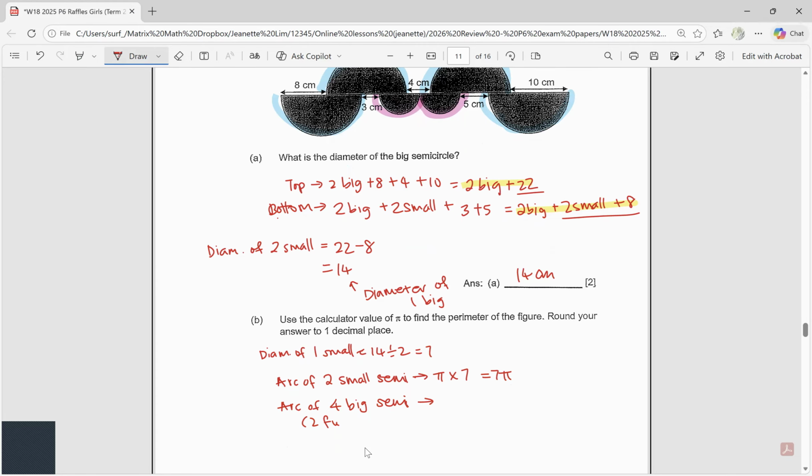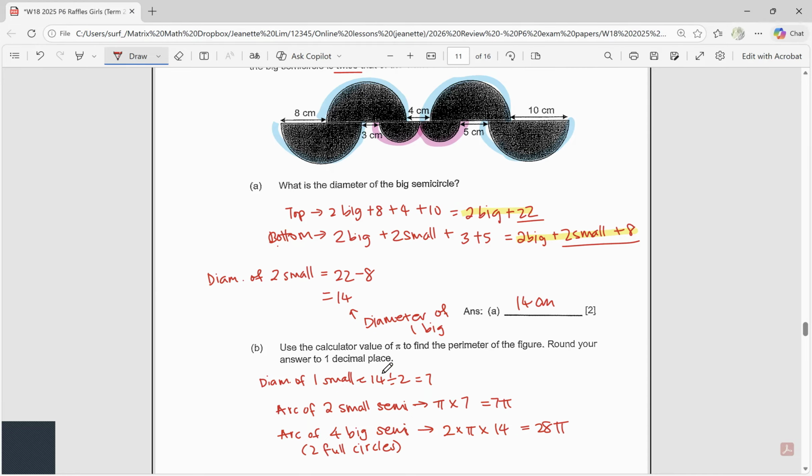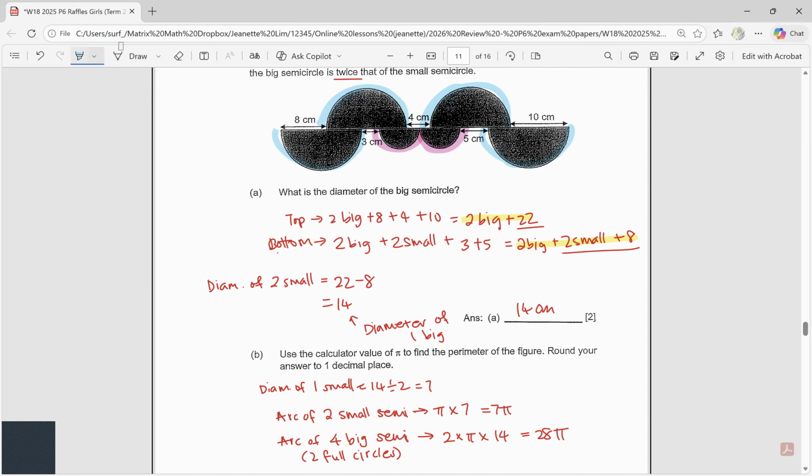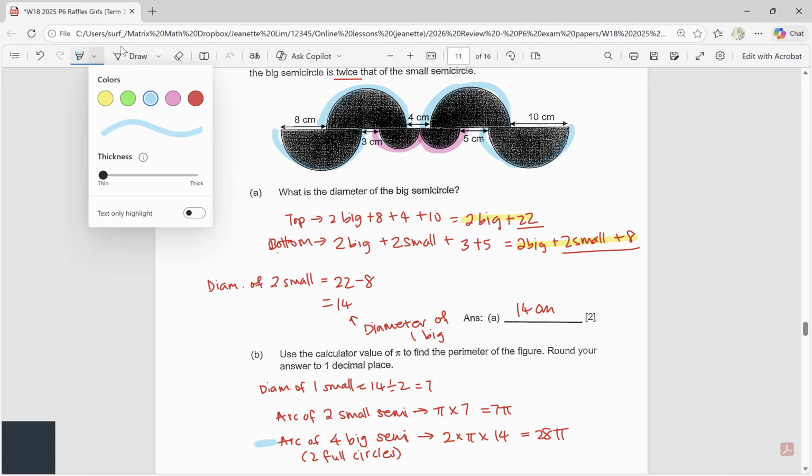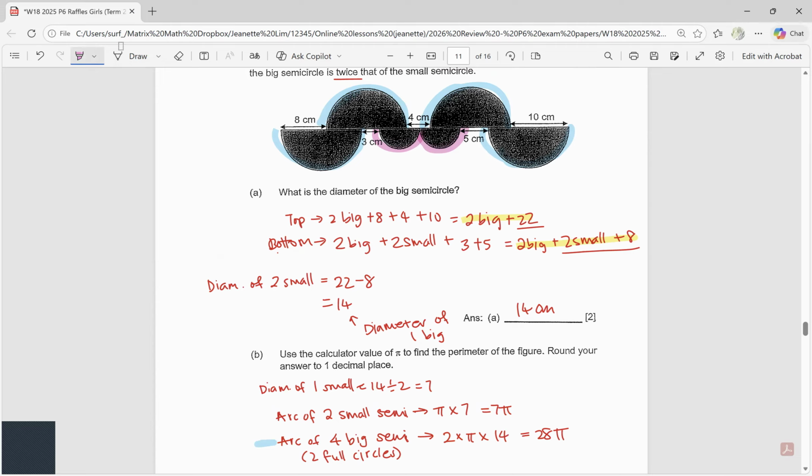So you should be using 2 times pi times diameter, which is 14. Okay, so the blue ones, let me just color it, the blue ones would be 28 pi, and the pink ones would be 7 pi.